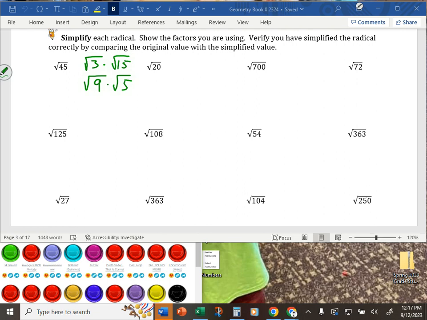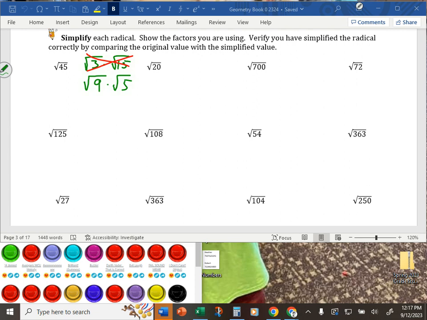Which one has the perfect square? The 9 and the 5, right? We don't want that one. And the reason why we want the 9 and the 5 is what can we do with the root of 9? It's already a perfect square, so it's easy. What is the root of 9? 3. We can do something with that, right? We can't do anything with the root of 3 or root 15 because they're not perfect squares.